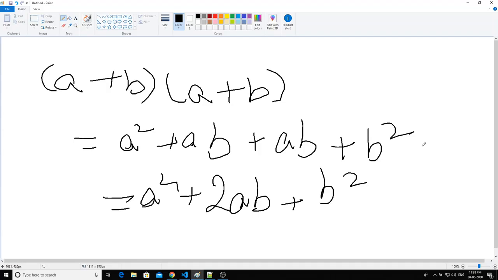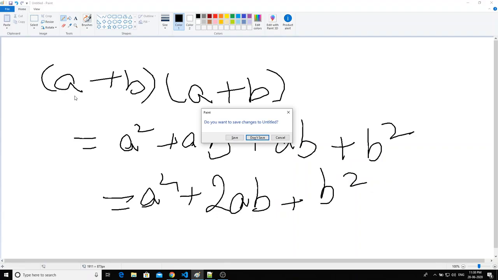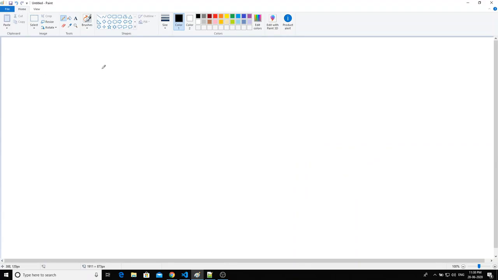Now let's solve it in a different way, in a pictorial representation, so that kids or laymen can understand. Now I will remove all this. Let's take a straight line. It's not exactly straight, but assume that it's a straight line.